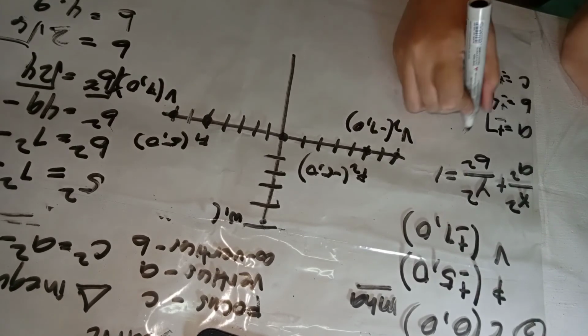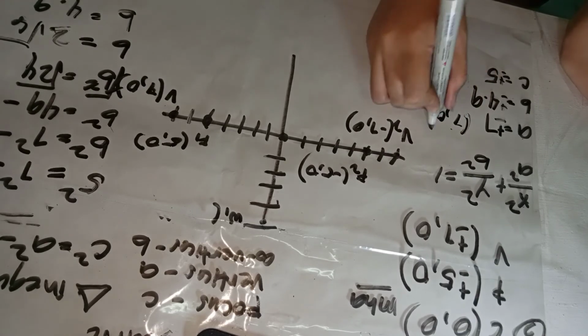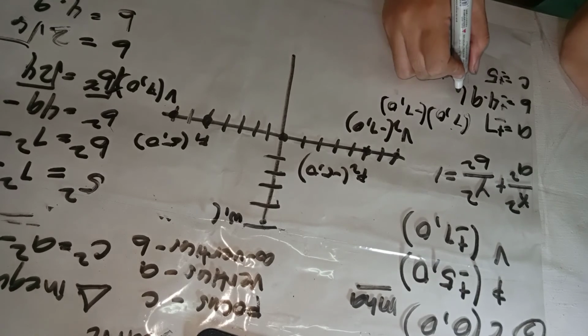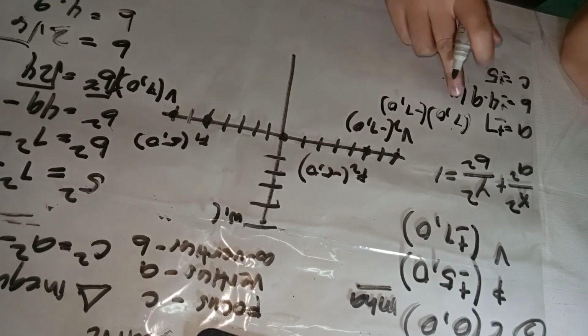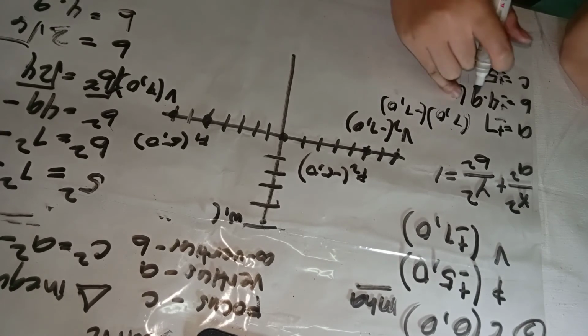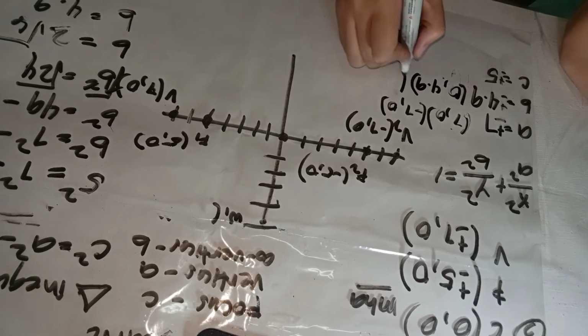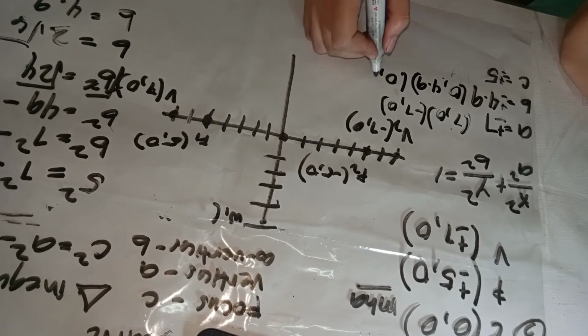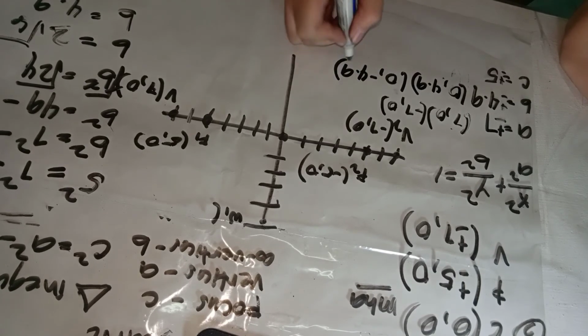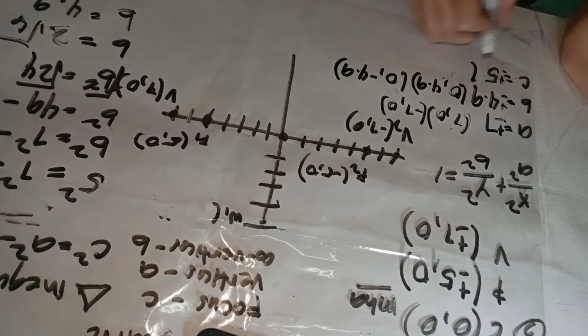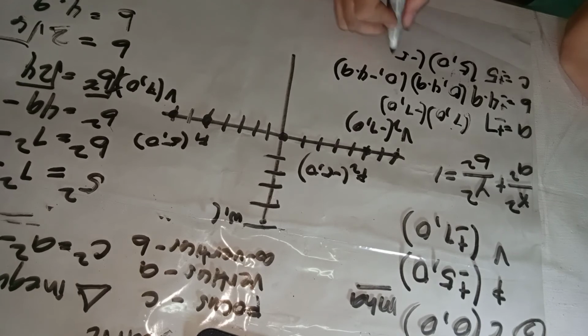Ito, 7, 0, negative 7, 0, rather, this is the minor, 0, 4.9, and 0, negative 4.9. And this one, see? So, 5, 0, negative 5, 0.